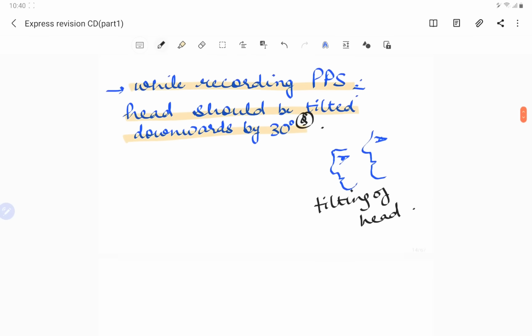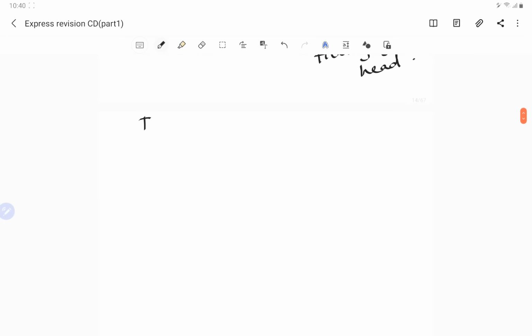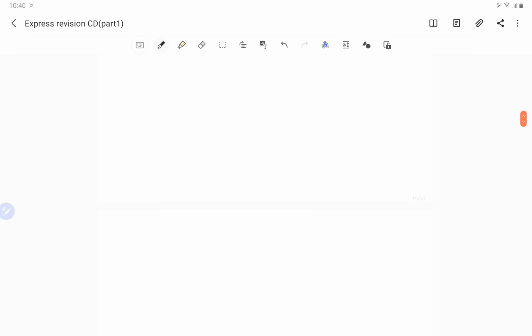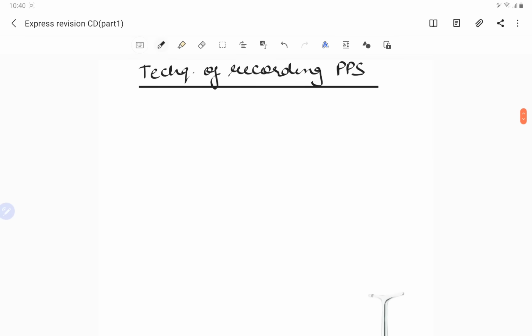What are the techniques of recording the PPS? We have got 3 techniques. The first one is the conventional technique. Another one is the fluid wax technique.